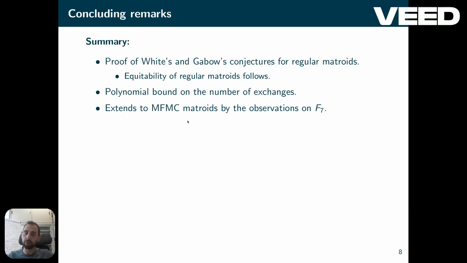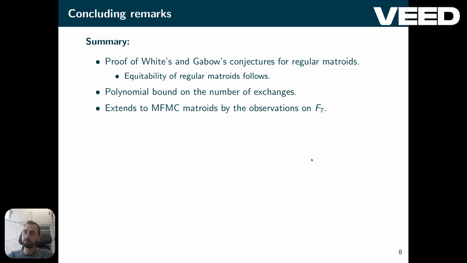MFMC matroid means max flow min cut matroid, and we needed the observation for the final matroid for this step. So actually, we almost get this result for free once we know that the conjecture also holds for final matroids. The details are in the paper.